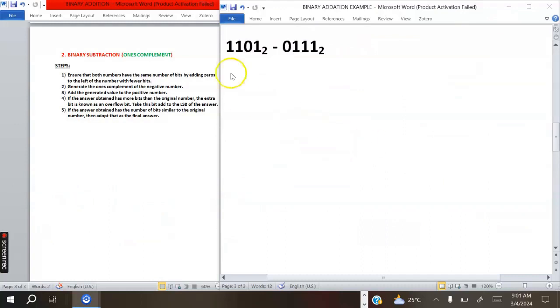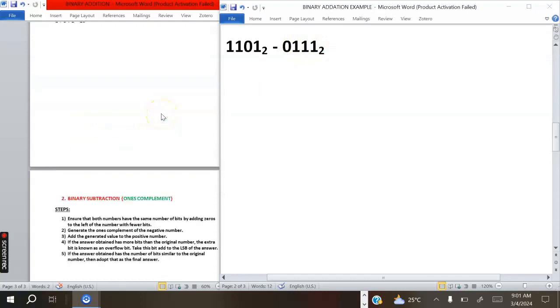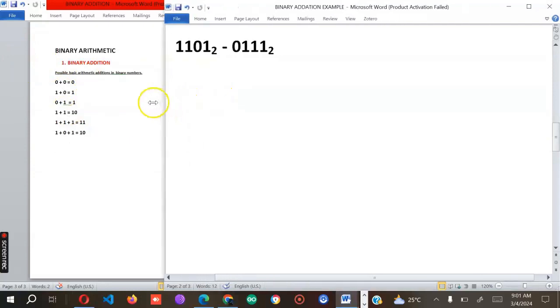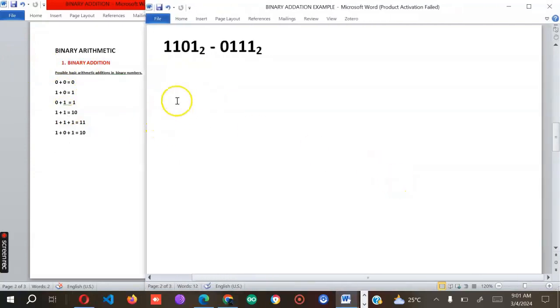Where we have 1, 1, 0, 1, 2 minus 0, 1, 1, 1. Okay, let me take you to this other one so that you can also compare, so that as I make the calculation, we'll be able to follow up. Remember the rules. Step number 1 is to convert this section into 1 complement.